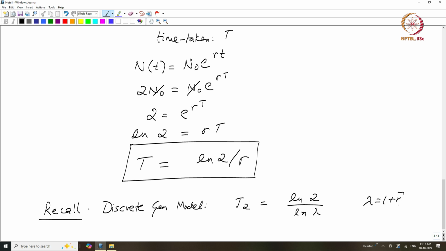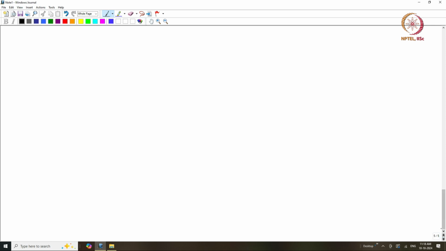So, I would like you to think a bit more about how these two are different as a part of the assignment, a homework exercise. And you may recall that I had made a table of how, depending on the value of lambda, you will get different doubling times. In the discrete case, I would encourage you to try the same thing for the continuous time using this formula.